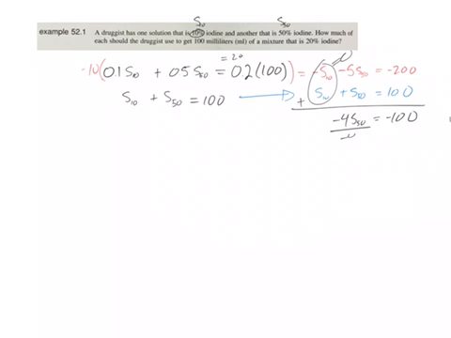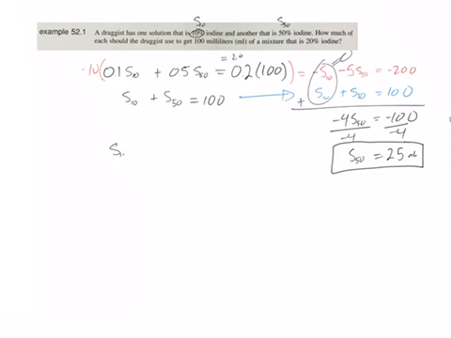Whenever I divide by negative 4, I get S sub 50, how much I need of the second solution, equal to 25 milliliters. Okay. So that's half my solution, because I also need to find out what S sub 10 is.